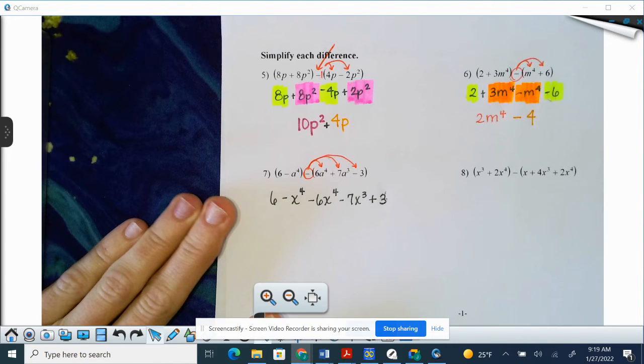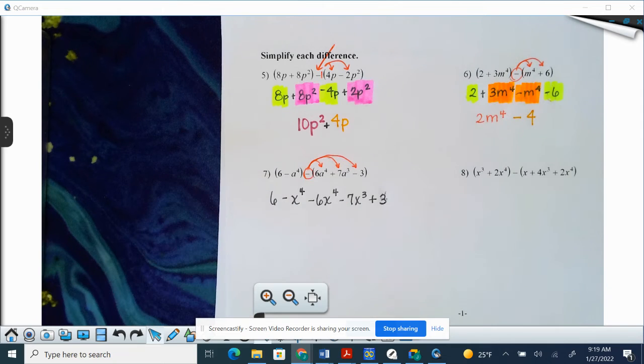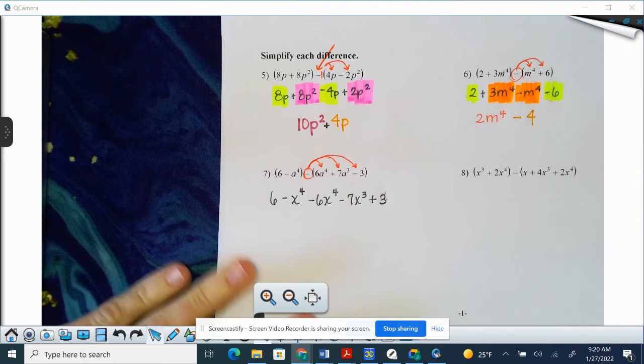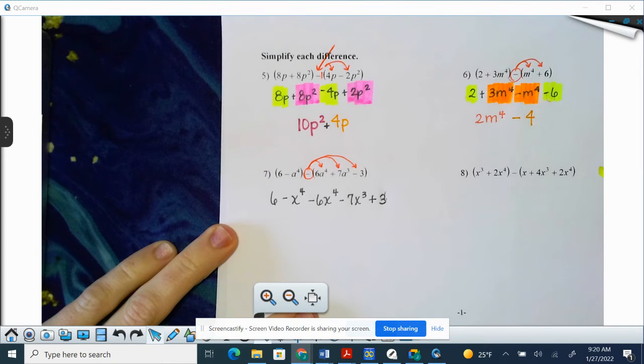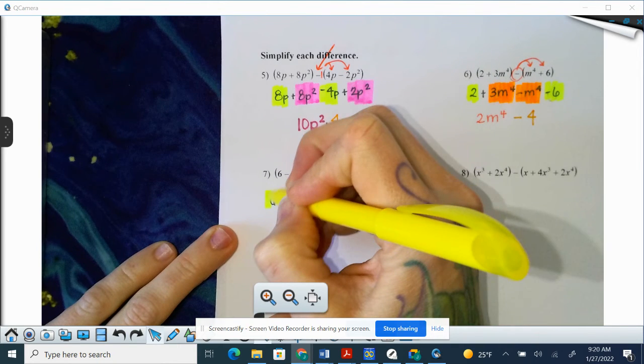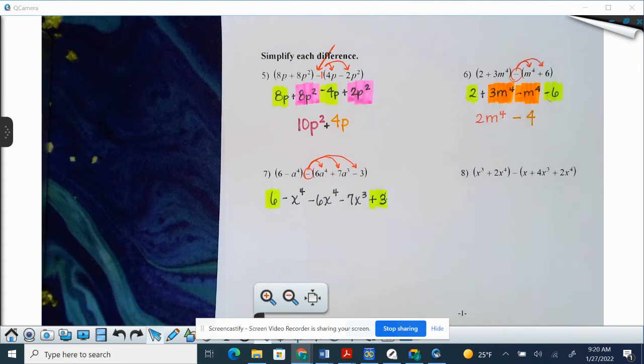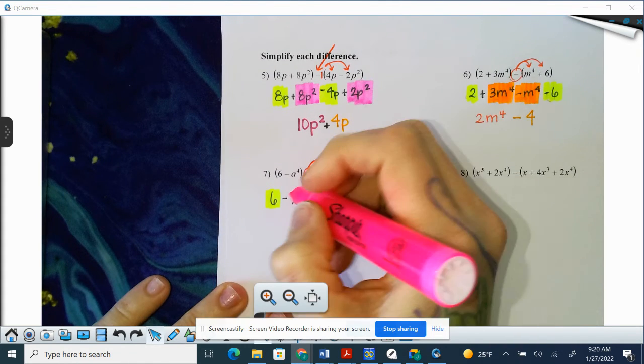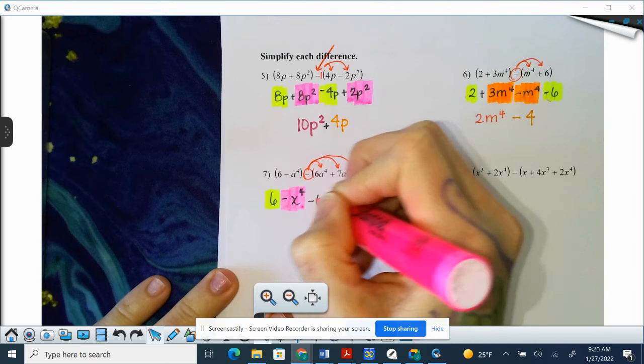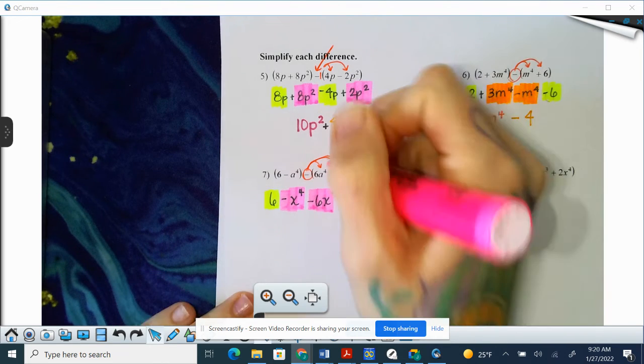Again, some of this is going to sound really, really simple and really basic, but we're starting here so you don't mess up on the harder stuff. So I'm going to start organizing again. I start from left to right just for organizational purposes. Constants to constants. X to the fourth, that's a negative 1x to the fourth, a negative 6x to the fourth.